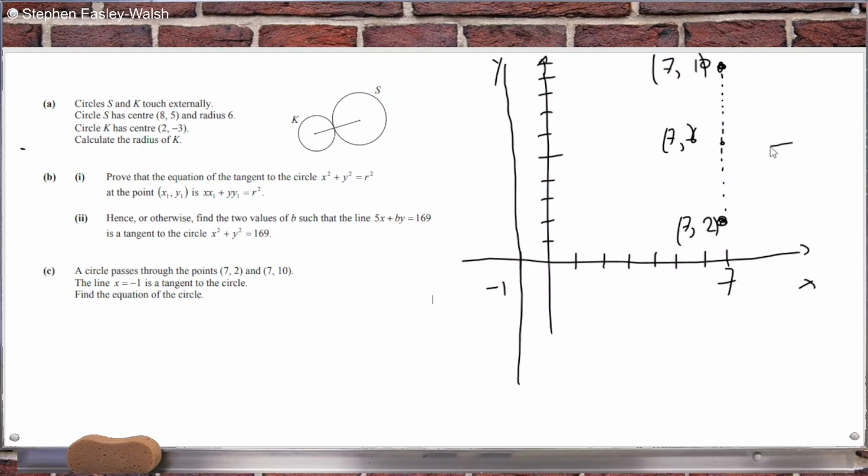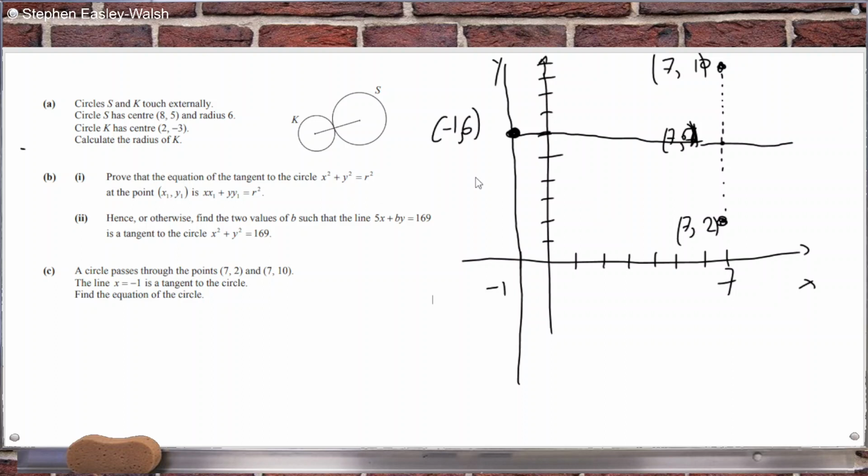So if I go across here from (7, 6), I've got a third point here at (-1, 6). That's on the circle, and that's actually a tangent there.